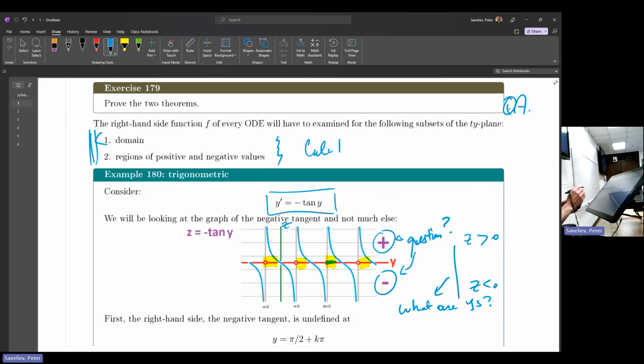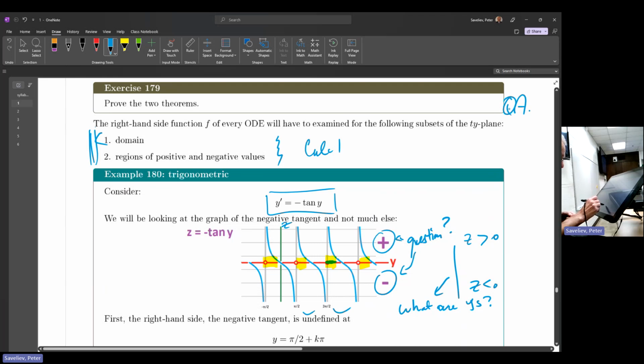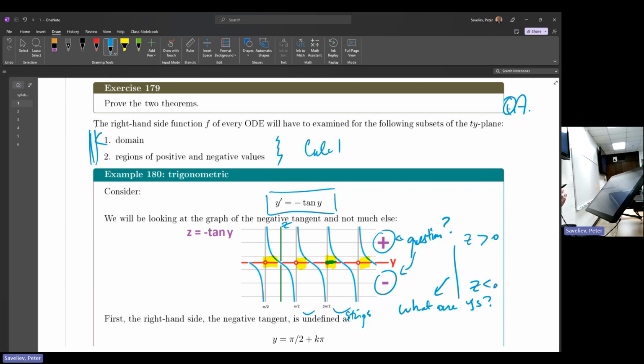And then in the middle of each of these strips, such as at, I'm sorry, at 0, say, that's where there's a change of sign of the tangent, and therefore the change of y prime from positive to negative. Okay, so that's the initial analysis.